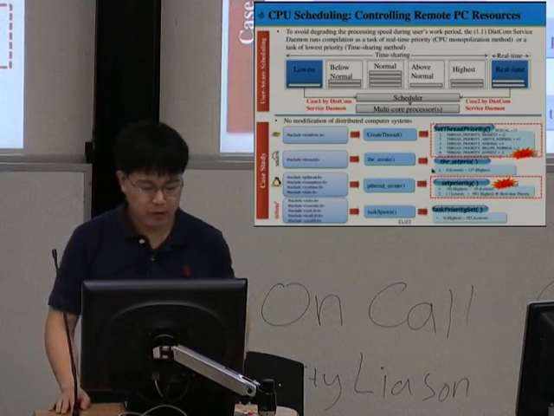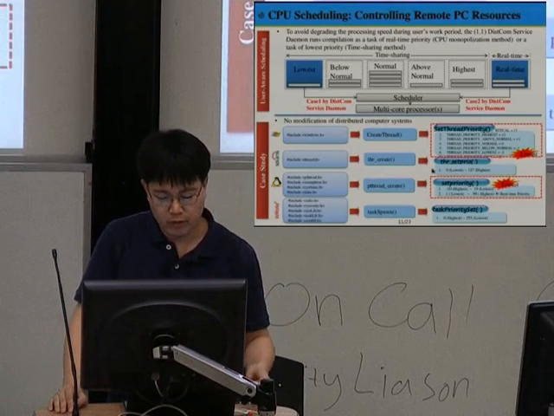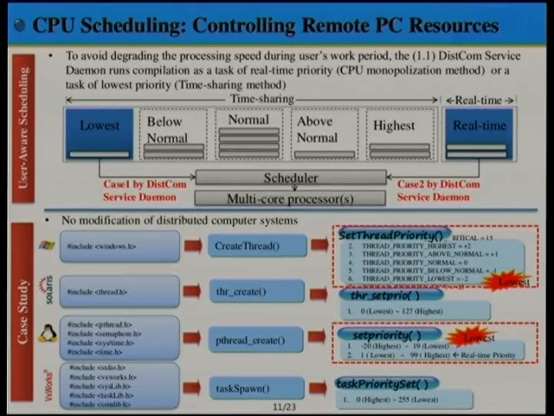This page shows the controlling of the remote PC resources with our proposed system. To avoid degrading the processing speed when users work on some of the PCs during the work period, we designed two mechanisms for the scheduling at the distributed computers.